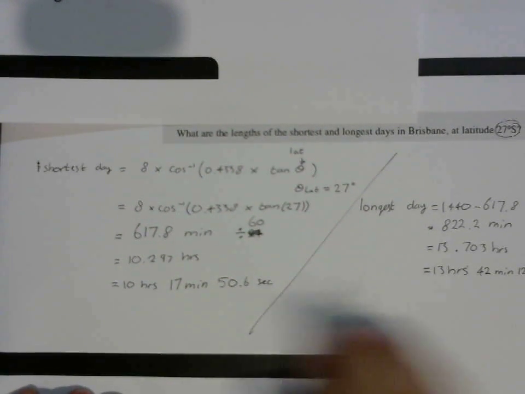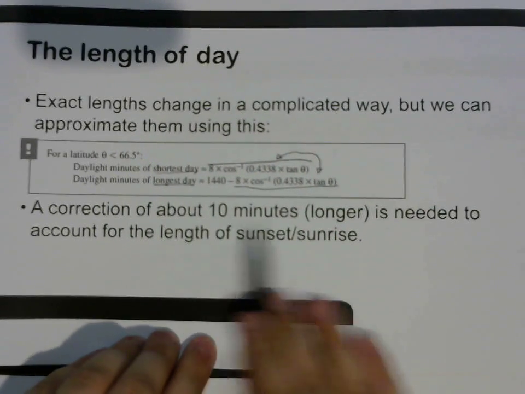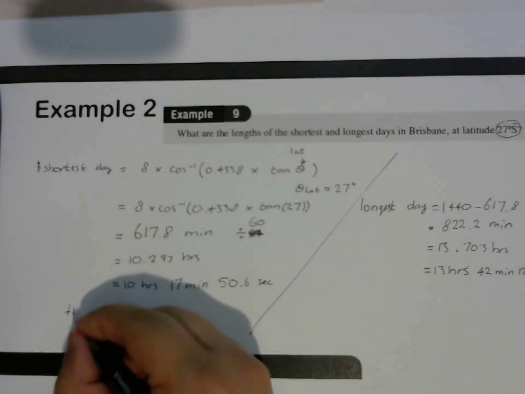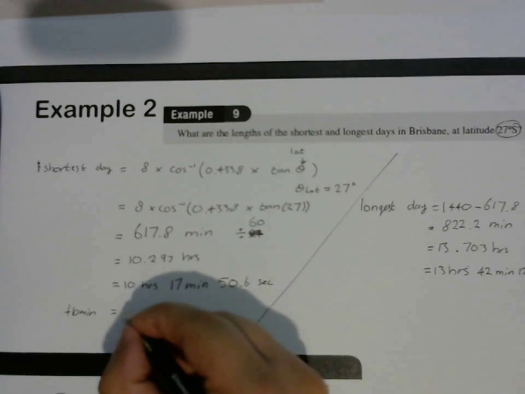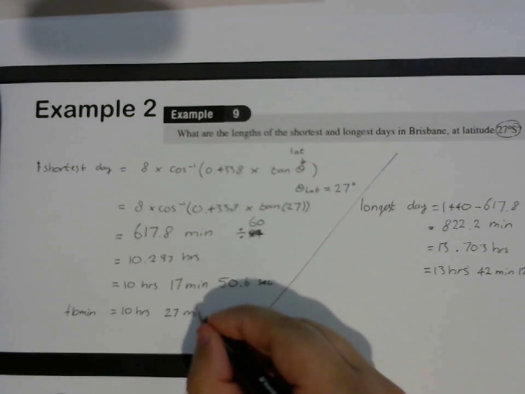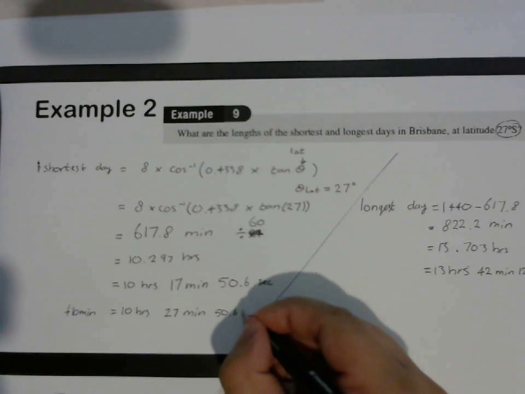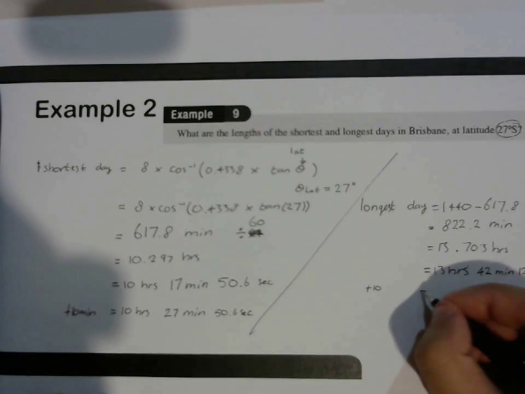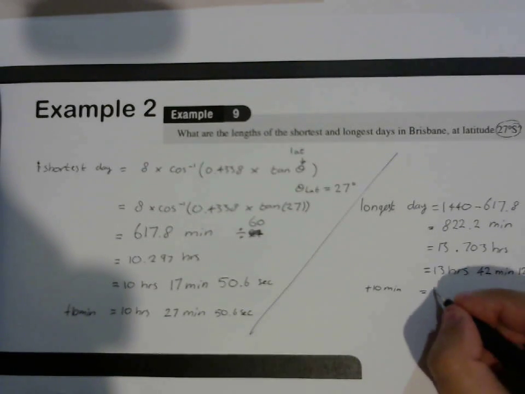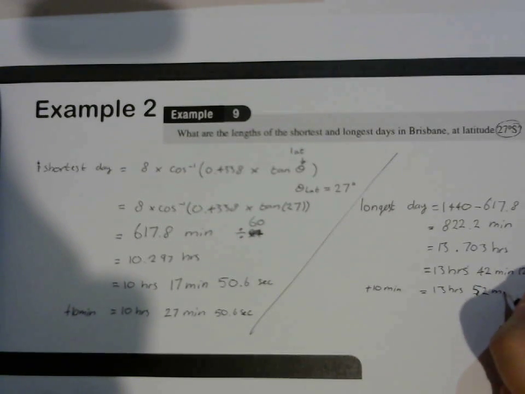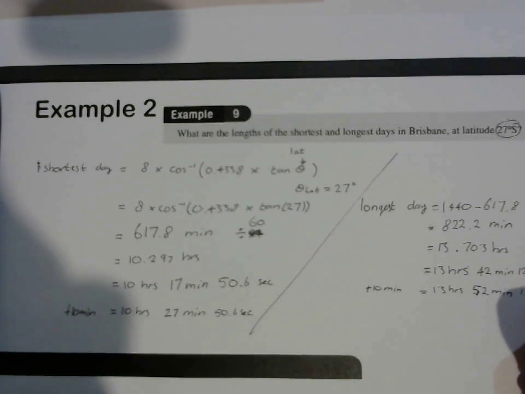Both of these need a correction of about 10 minutes, remember? So I'm going to just quickly apply these 10 minutes. So plus 10 minutes correction is 10 hours, 27 minutes, 50.6 seconds, and plus the correction, this is 13 hours, 52 minutes, and 12 seconds.